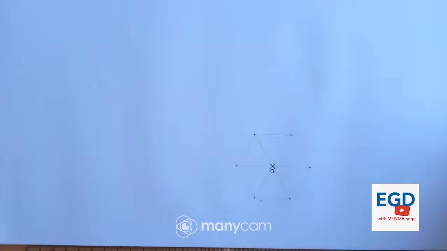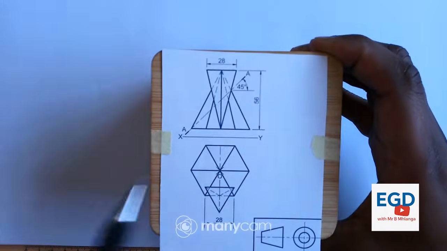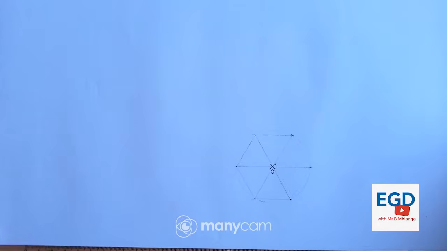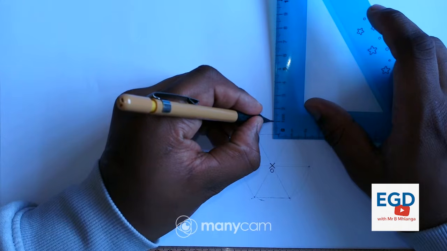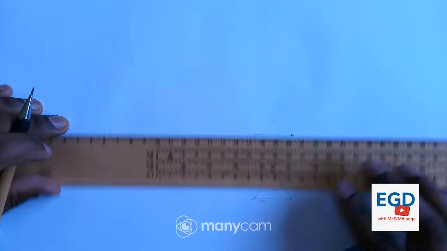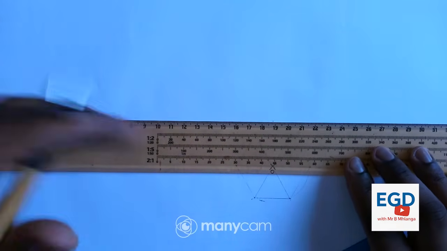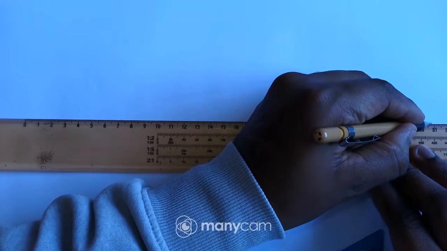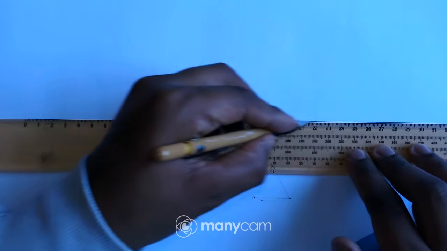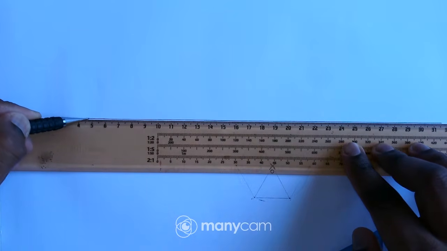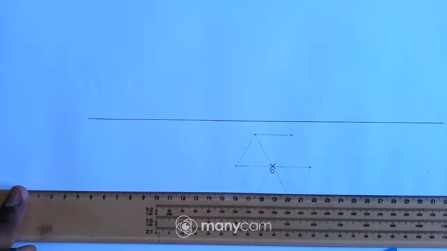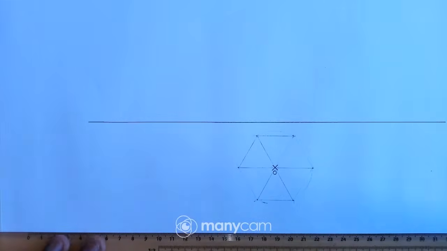Okay, so I'll just add the XY line right on my drawing. So I'll measure 10 millimeters from this side of the hexagon, and then I can just add the XY line there, somewhere there. Okay, remember we'll have to draw the right view and the sectional left view, right?